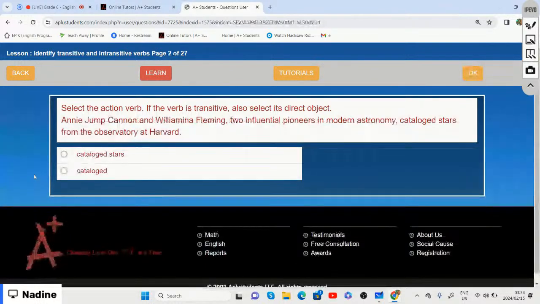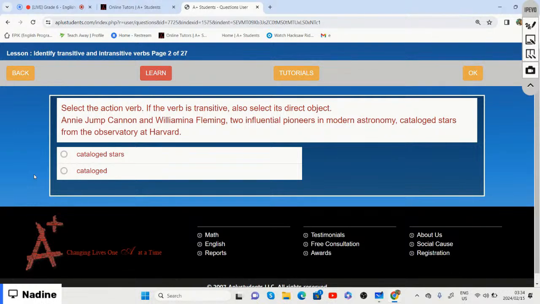We need to select the action verb. And if the verb is transitive, then also select the direct object, right? Annie Jump Cannon and Wilhelmina Fleming, two influential pioneers in modern astronomy, catalog stars from the observatory at Harvard.